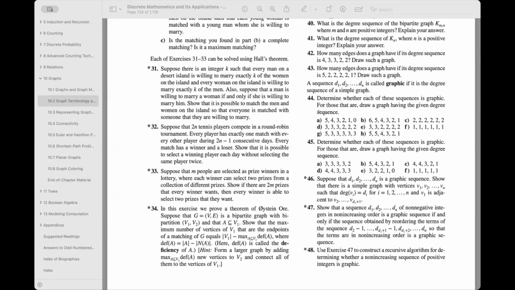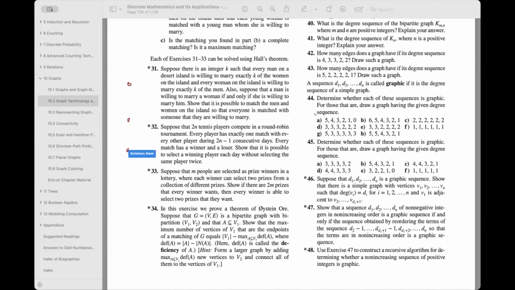But if a woman is willing to also marry him, he's willing to marry her as well. I think that is what the question is saying. So in this case, a man's preference doesn't matter as long as they're equal amounts. I think so.